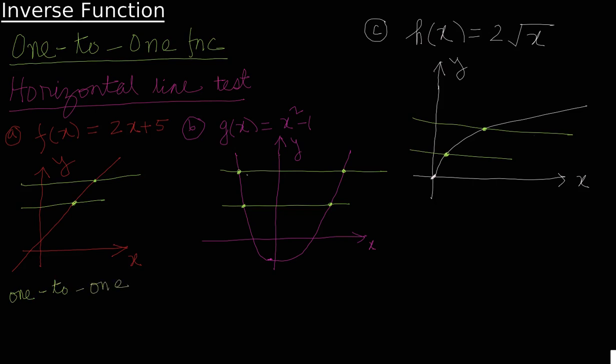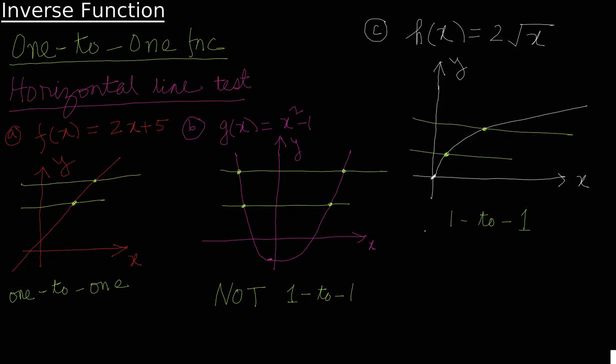Now the second function, as it intersected at more than one point, is not a one-to-one function. And the third function is also a one-to-one function, which is pretty obvious. So even though all three are functions, not all functions are one-to-one functions.